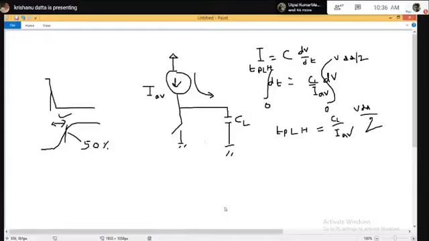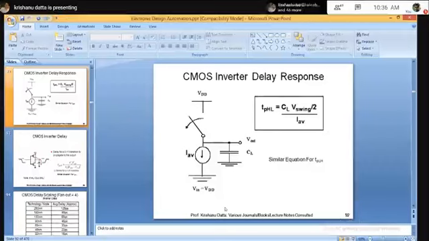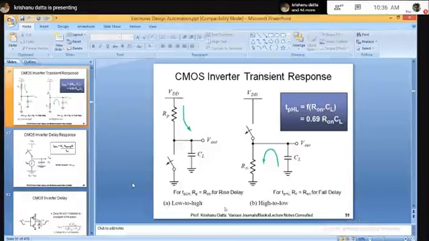Sir, why is the limit VDD by 2? I just explained that, right? In the left hand side in the page. Actually, I didn't get it. Sure, you can ask multiple times, no problem. This definition is coming from here.